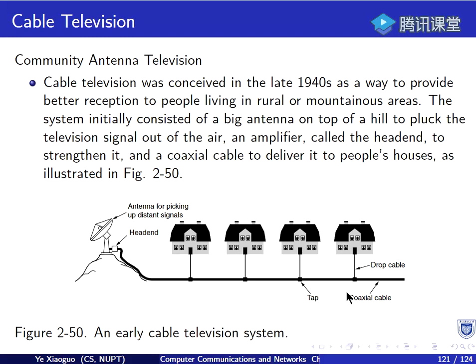The system initially consisted of a big antenna on top of a hill to pluck the television signal out of the air. An amplifier called the head end strengthened it and sent it in a coaxial cable to deliver it to people's houses, illustrated in Figure 50.